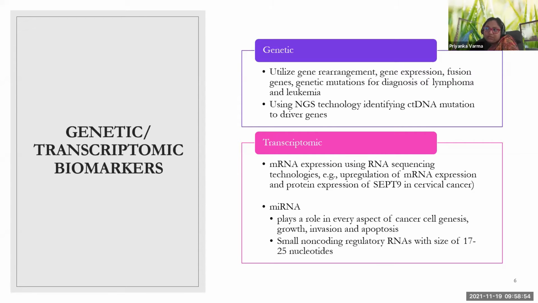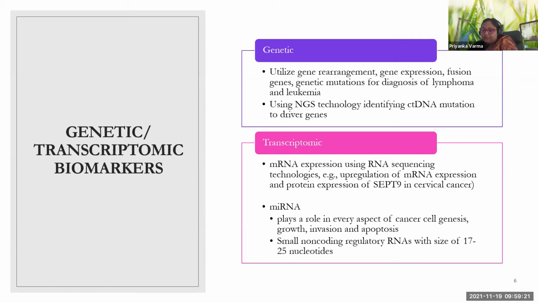And that brings me to the next category, which is transcriptomic biomarkers. They are those biomarkers which make use of messenger RNA expression, which is called transcriptomics, with the help of RNA sequencing technologies. So they are of immense value in prognostic application, and they are currently also being researched for a prospect on diagnostic capabilities to detect cancer early.